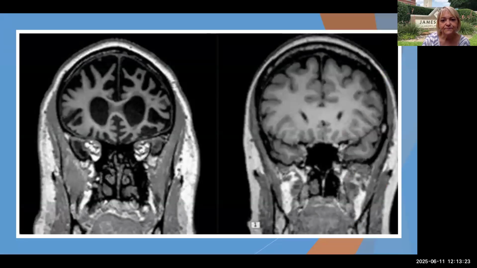Let's take a look at this brain. And again, if you will look up here, now this is a severe, severe case of FTD. This would be very, very end stage, because look what's left of this brain over here. And look right here in the front and the temples. And then look back at the back.